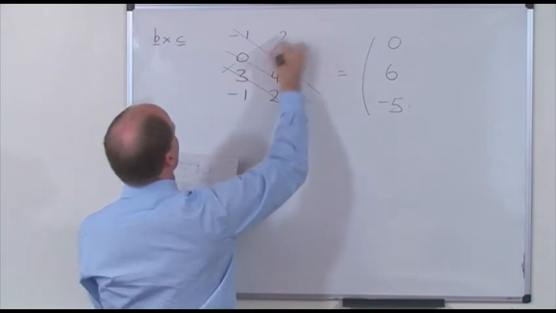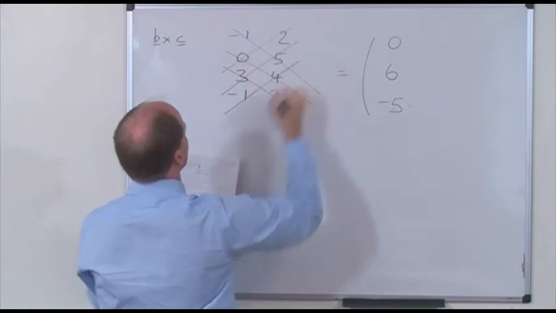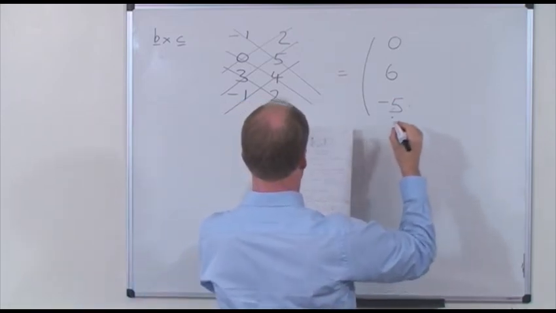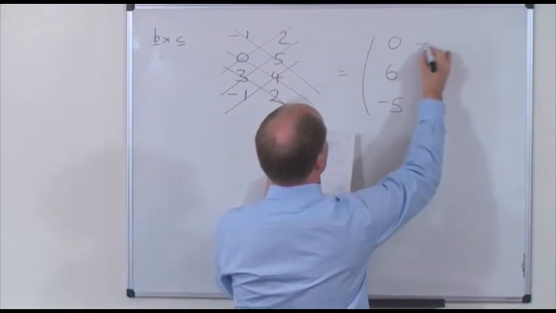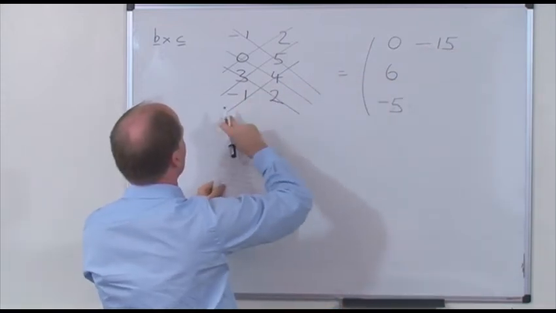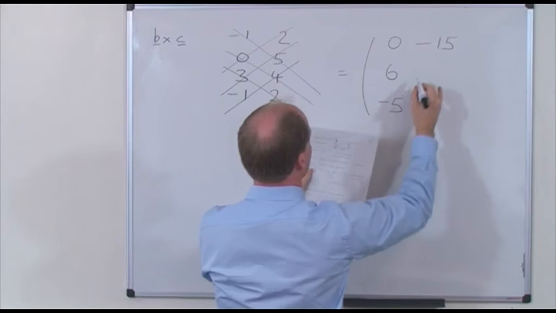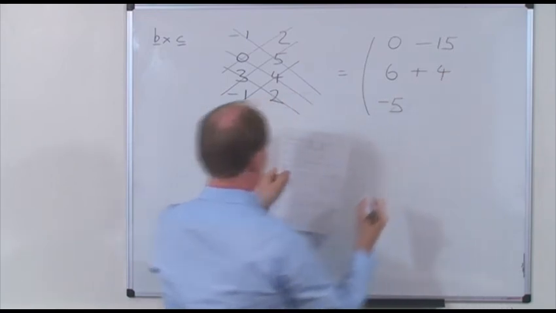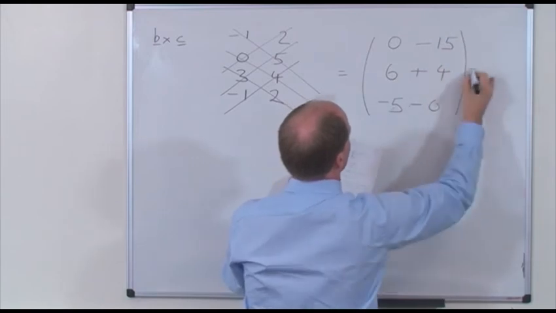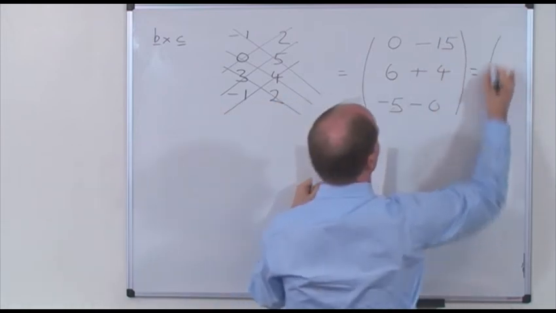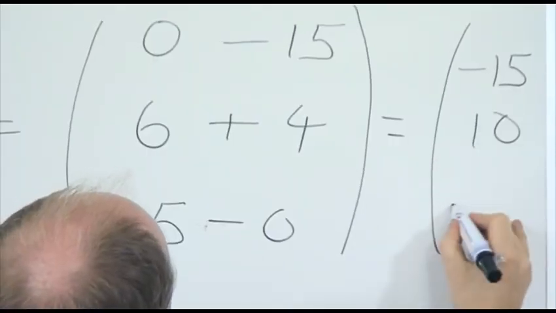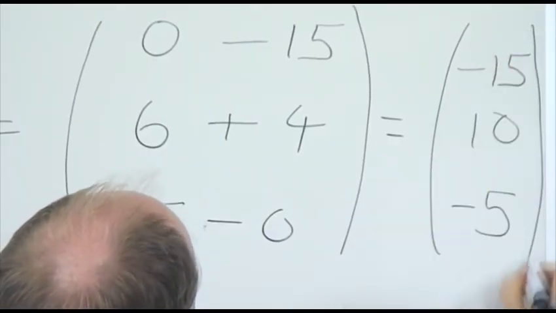And then doing the opposite diagonals, I get minus 15 from 3 times 5, minus minus 4, which gives me plus 4, and then finally 0. So B cross C is equal to minus 15, 10, and minus 5.